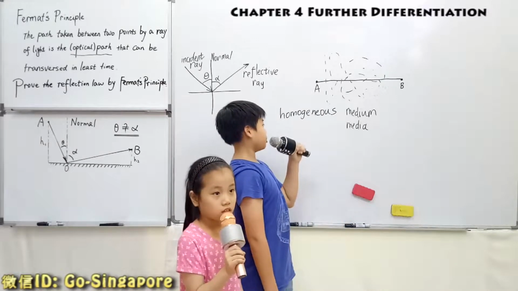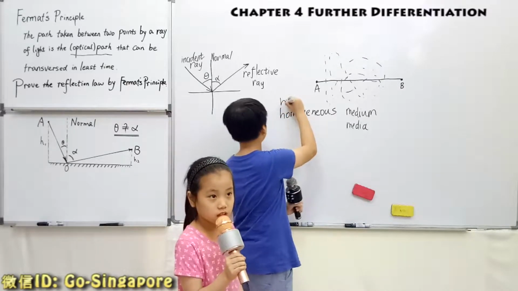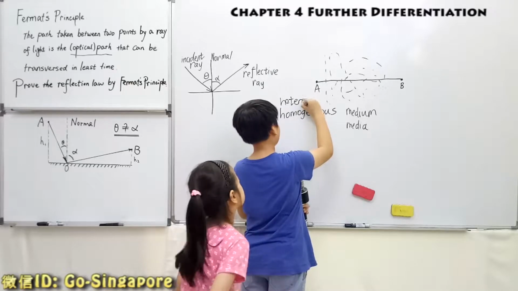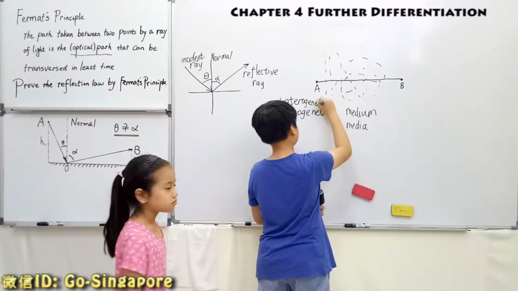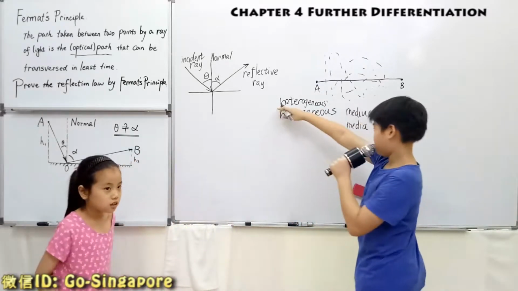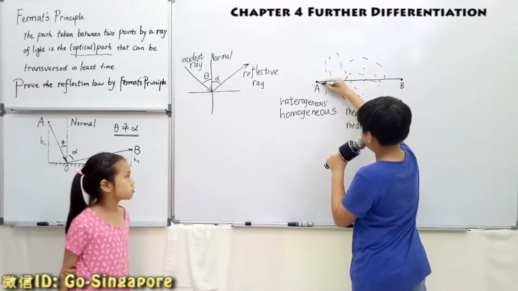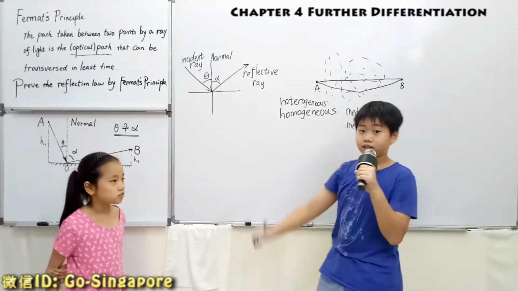Other than homogeneous, what else do we have? Heterogeneous. Heterogeneous can be like this line here first, then another line, correct?